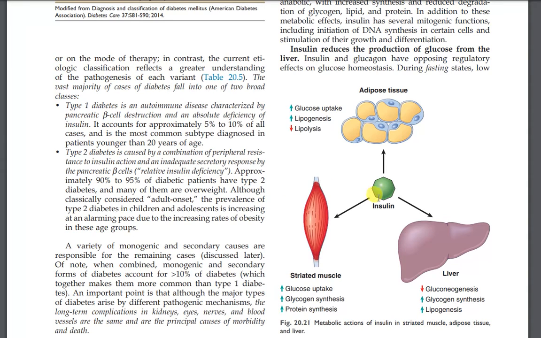As shown here, insulin works not only on liver, but it also affects the striated muscles and also adipose tissue. And when a person eats a lot of carbohydrates, a large load goes to the bloodstream, and a large load to beta cells happens. Beta cells produce a lot of insulin, and this insulin works on the membrane of fat cells, adipose tissue, liver cells, and muscle cells.